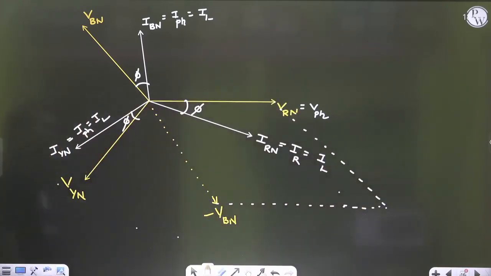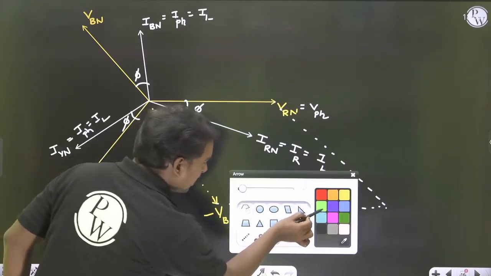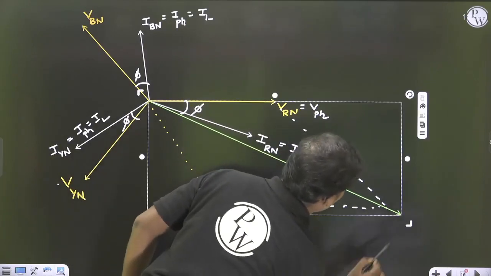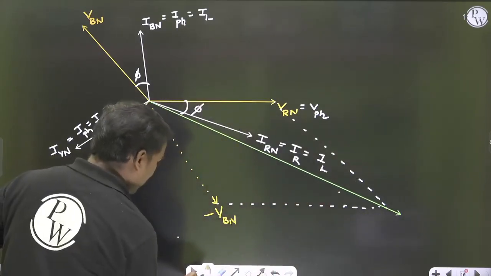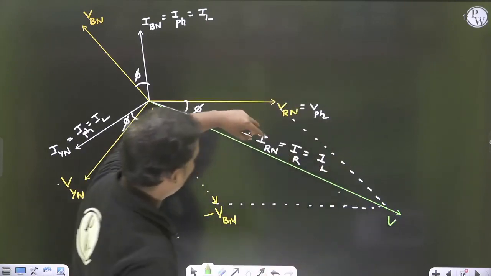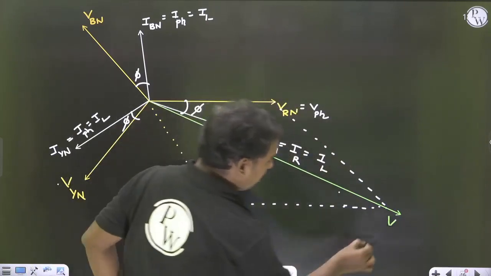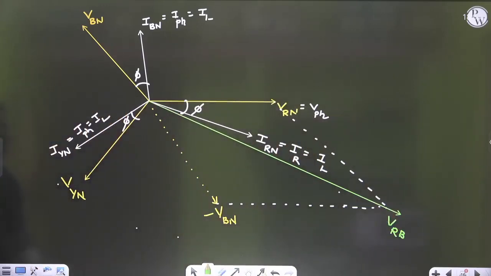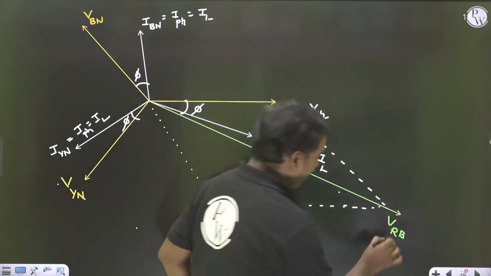The resultant of these two, that is what gives the angle between IR and this. So if you draw the resultant in green color, this resultant is nothing but VRN minus VBN. So this is the VRB. That is a point you have to understand. So this is our line voltage.